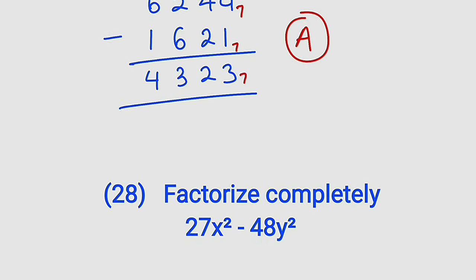Now let us move on to question number 28. We're asked to factorize completely 27x squared minus 48y squared. Remember that between 27 and 48, we have a common factor of 3. So we can factor out 3.